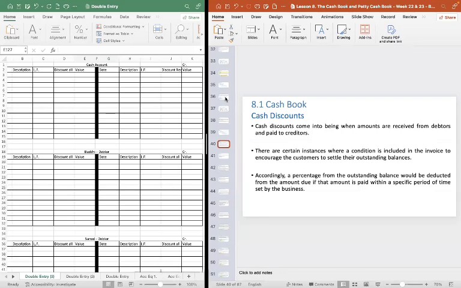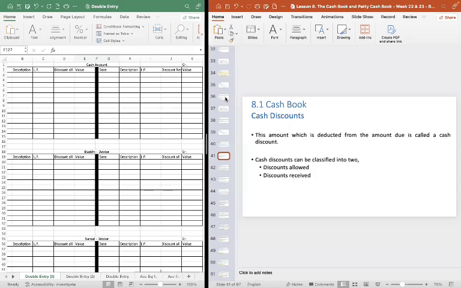After the products are sold by the wholesaler to the retailer, the wholesaler wants to collect cash and goes to the retailer and says, if you settle these due amounts within 10 days, let's say, I will give you a cash discount of 2%. Now, when it comes to cash discounts, unlike trade discount, we have to account for cash discount.